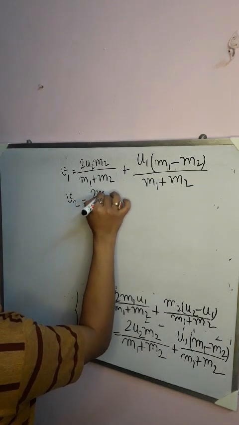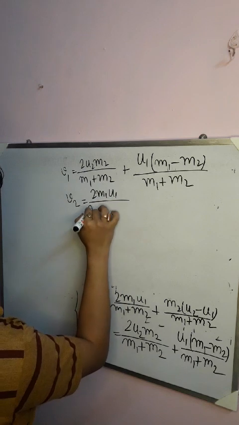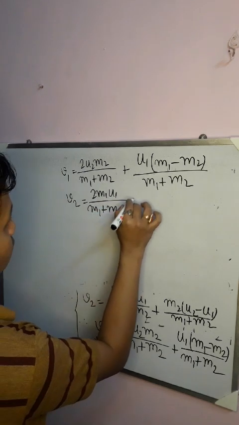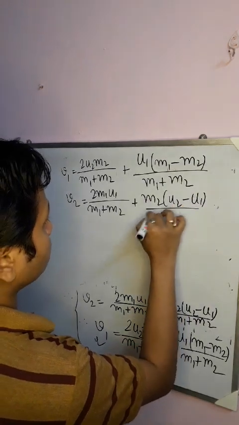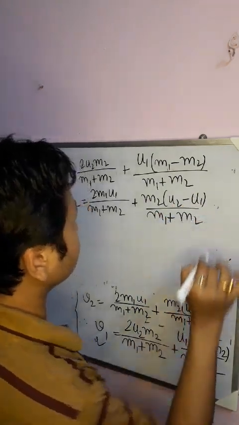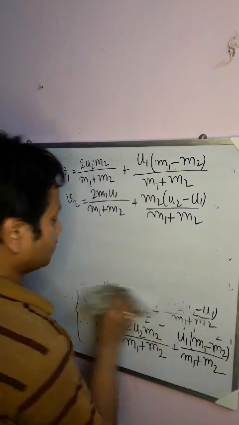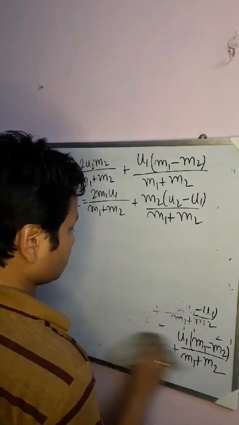That is 2 m1 u1 by m1 plus m2 plus m2 into u2 minus u1 by m1 plus m2. So these are the velocities after collision.